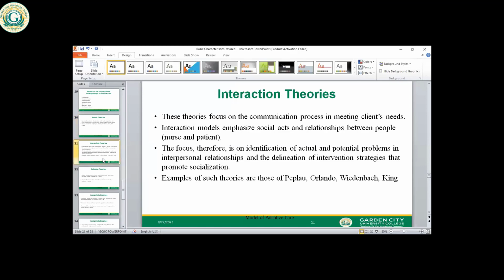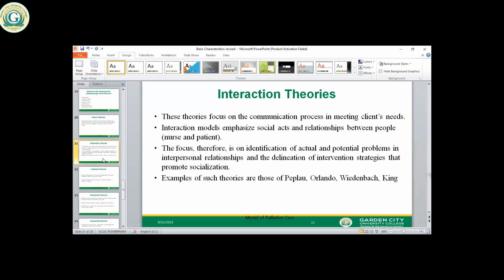Then we have the interaction theory. When you study a theory and you realize that the focus is on how well the nurse can communicate with the patient as well as other members of the healthcare team in meeting patients' needs, then you should know that this type of theory is based on philosophical underpinning, and it is an interaction theory.